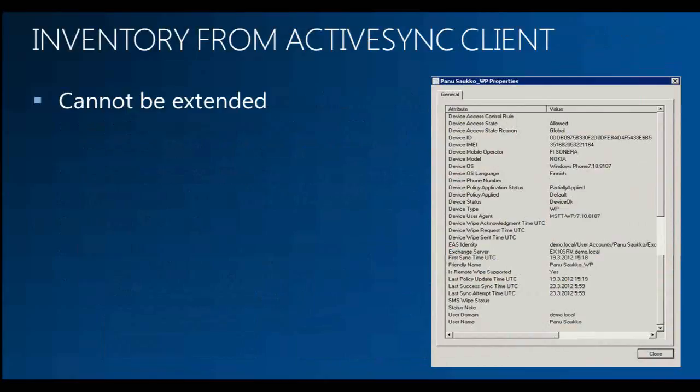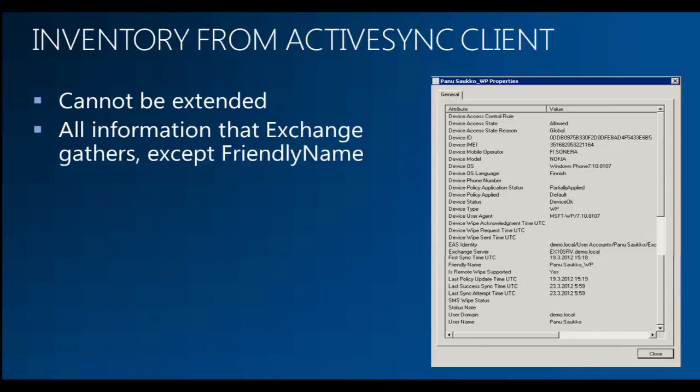Inventory: you get a fixed set of attributes from the Exchange. It cannot be extended, so this is all you get. There is one missing piece in Config Manager. There is a setting called friendly name, which is not part of the Config Manager inventory of ActiveSync devices.